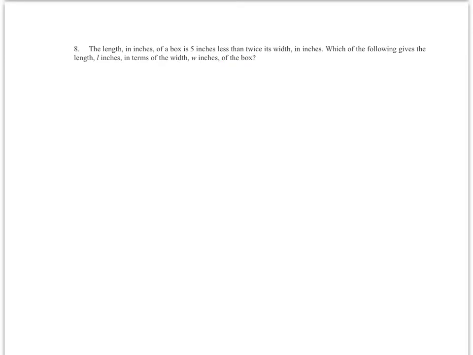The length in inches of a box. Say we've got length and width. The length in inches of a box is 5 inches less than twice its width in inches. So let's say W is the width. So what is the length?